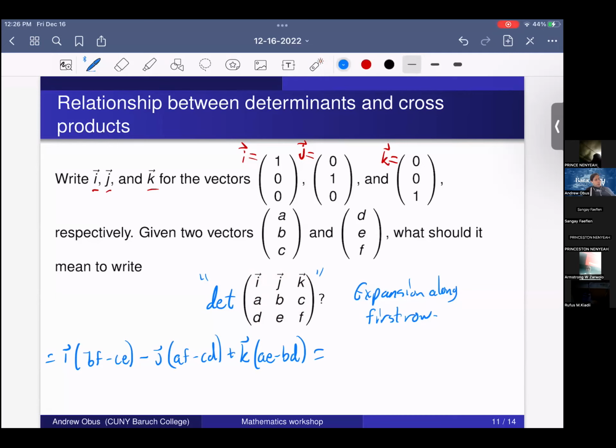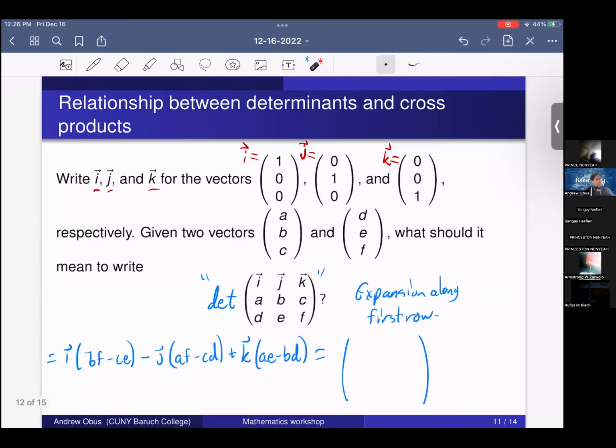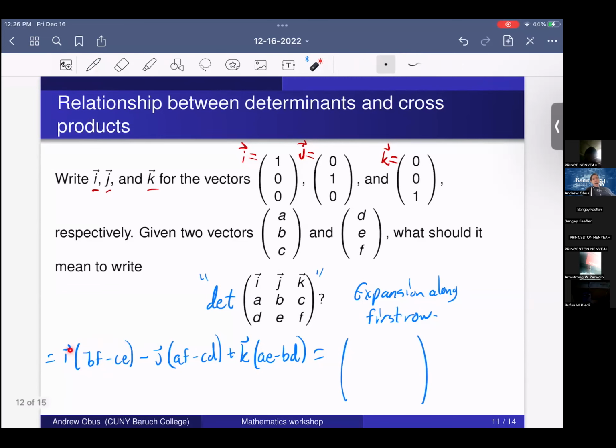this is a sum of a bunch of vectors times a bunch of scalars, right? So the point is, if I have some scalar times I plus some scalar times J plus some scalar times K, then this scalar just becomes the first coordinate, this scalar becomes the second coordinate, and this scalar becomes the third coordinate. So I just get BF minus CE here.